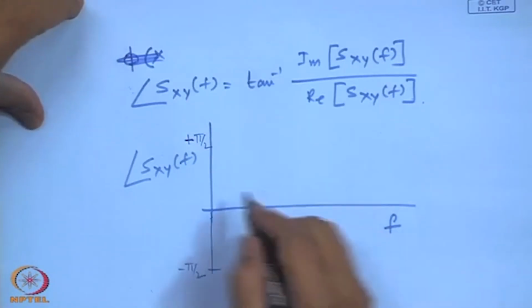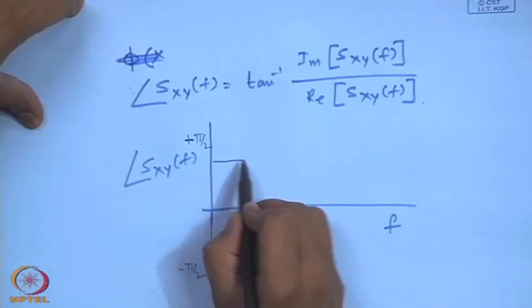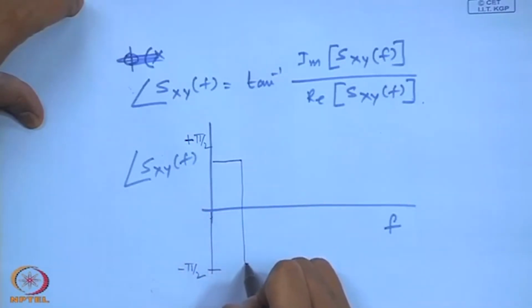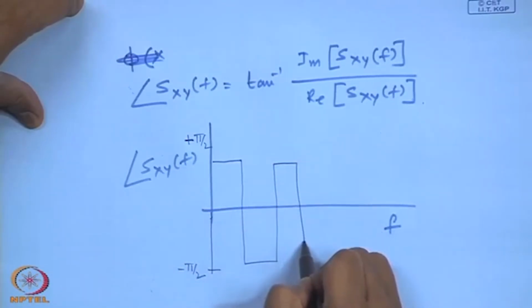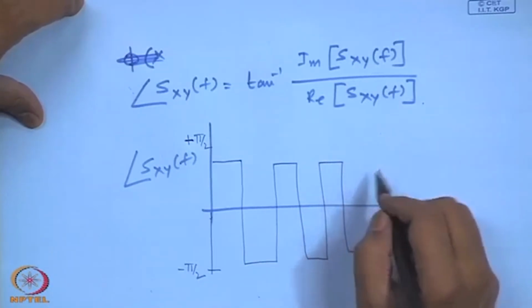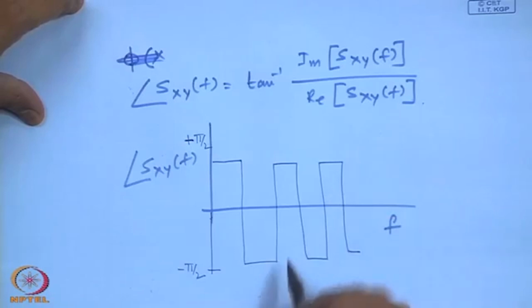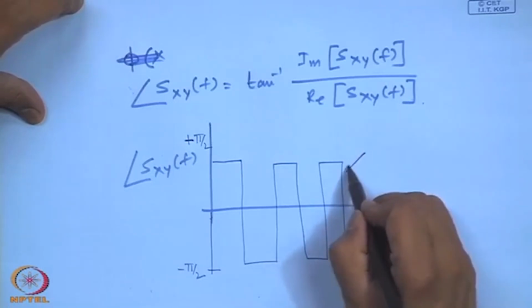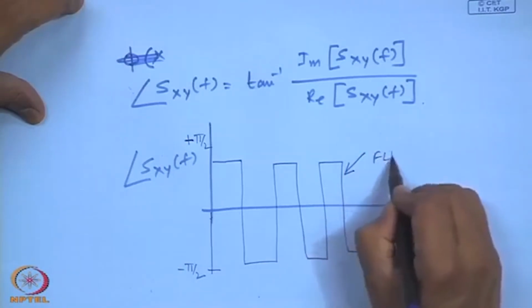And then this will be varying, and this variation for a stationary signal depends on how many resonances occur, and this is fluctuating.